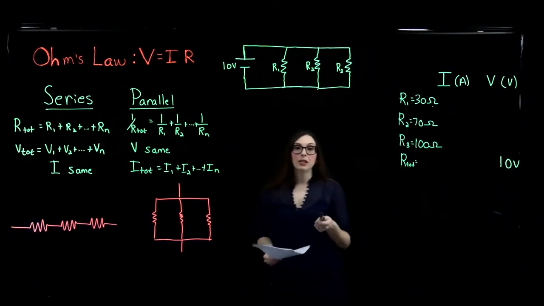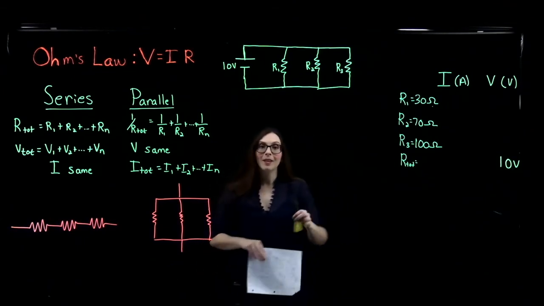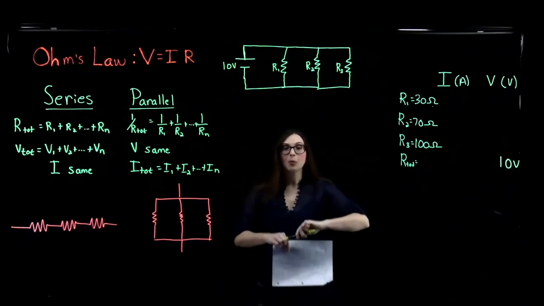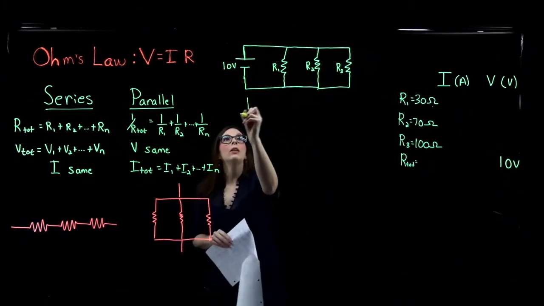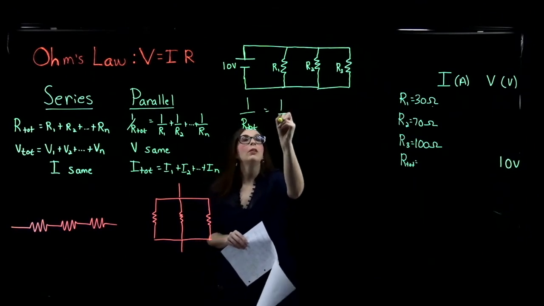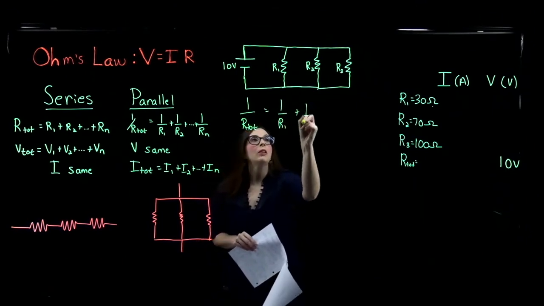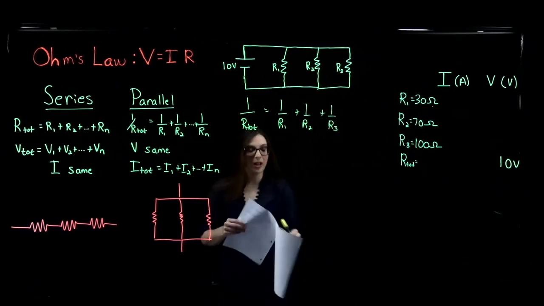The first thing we're going to do is find the total resistance in this circuit. So for the total resistance for resistors in parallel, we have 1 over R total equals 1 over R1 plus 1 over R2 plus 1 over R3.